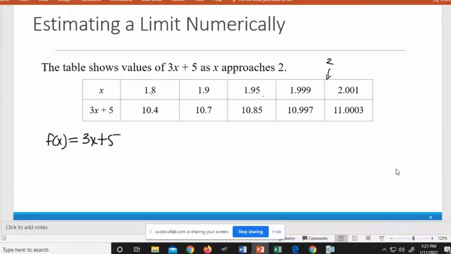10.4, 10.7, 10.85, 10.997. So the closer you get to this x value, as x approaches c, so this must be your c. The closer you get to your c value, the closer your function value should be to the actual limit.